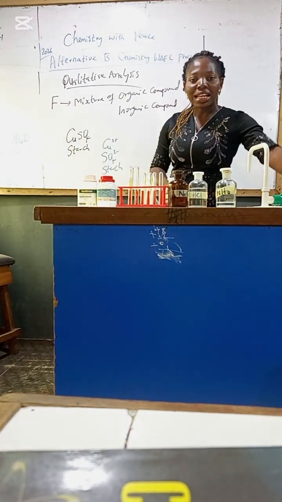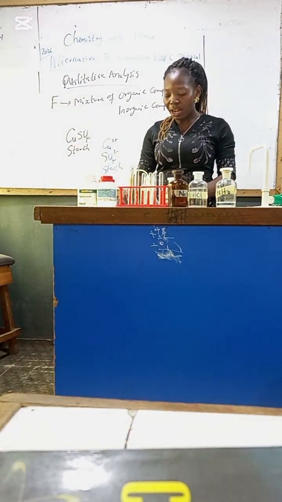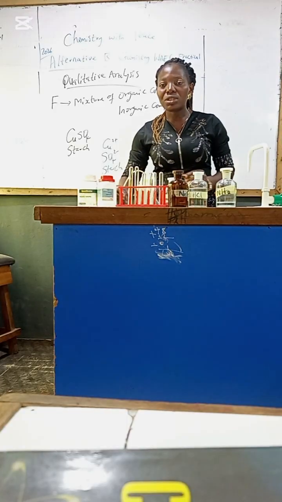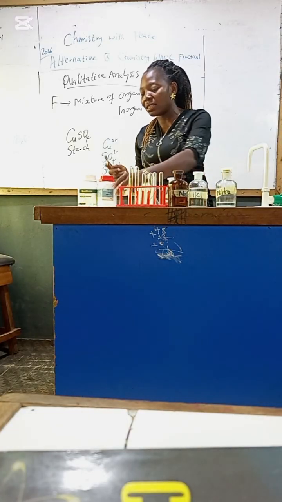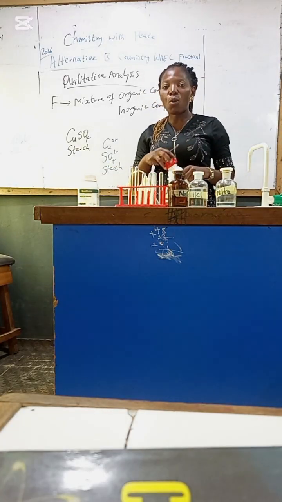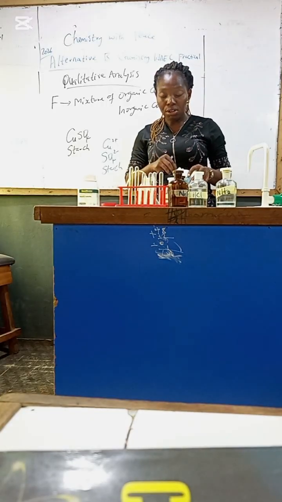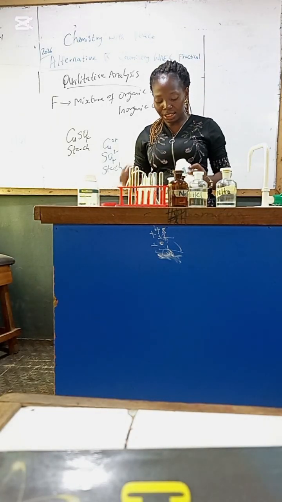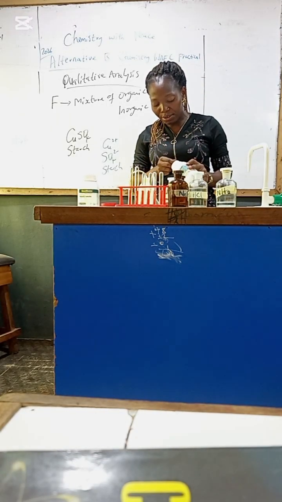So to start with, first of all, we are going to use our spatula. Here is our spatula. We are to measure one to one of copper sulfate and starch. So here is our copper sulfate.